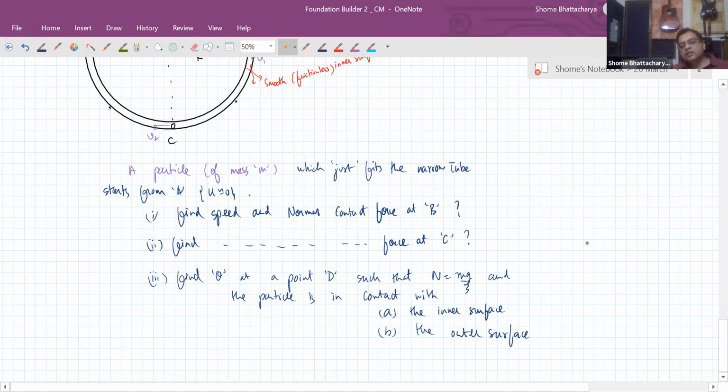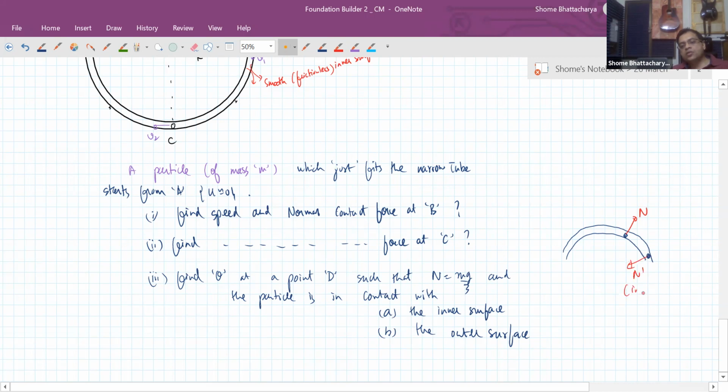So what we mean by inner surface and outer surface is that the particle might be like this. So it's resting on the inner surface and the normal contact force is like this. Or it might be at a point like this where it's resting against the outer surface. So the normal contact force is like this.